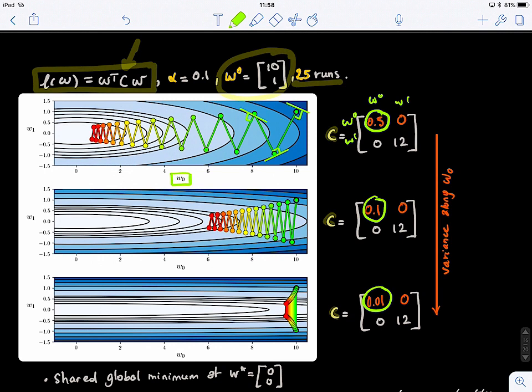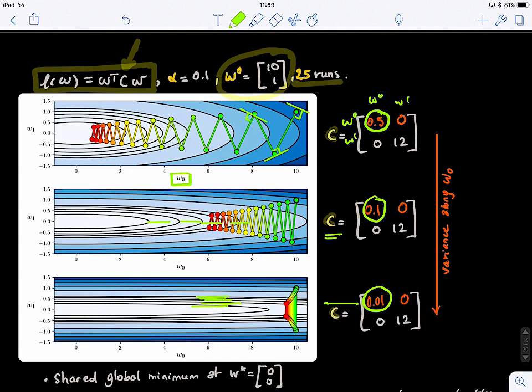But in the second case, we're stretching the function more along the W0 dimension. And here you can see the rings become more spaced out. In this case, we stretch it even more, so all those contours become almost parallel, right? It's too stretched out along the W0 direction.